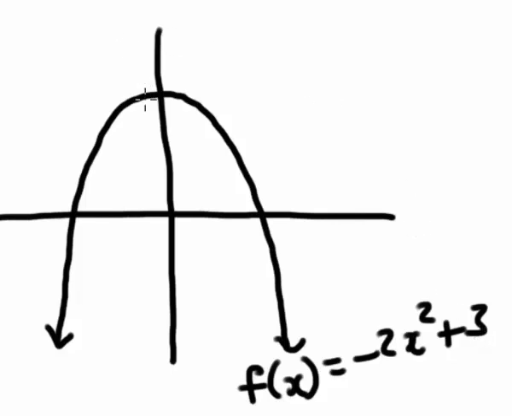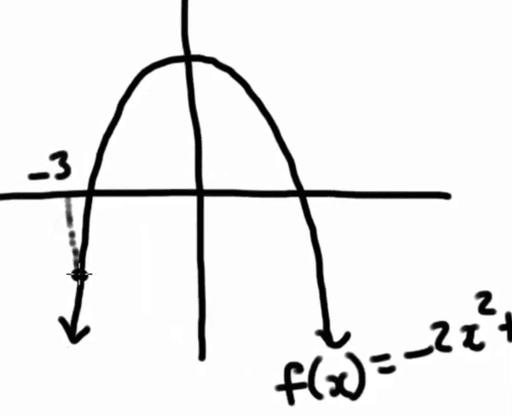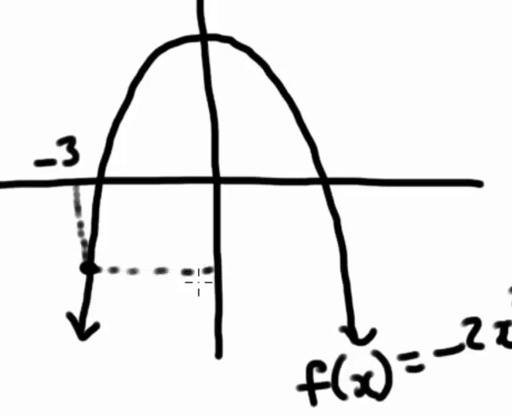Good. Now, if we go to negative 3, which would be somewhere there, you can get the corresponding y value, but you could also get the gradient of the tangent to the curve at that point. Now, what is the y value corresponding there?